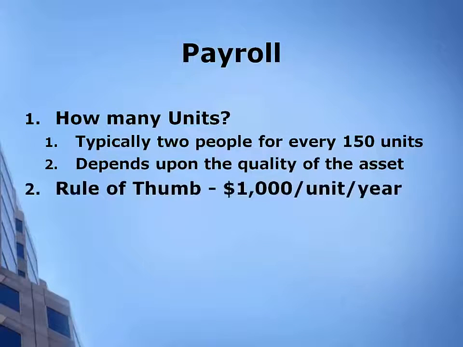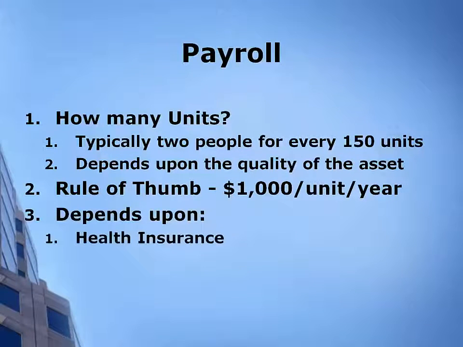Now, the rule of thumb for payroll has always been approximately $1,000 per unit per year is what the payroll expense should be. All right. But that depends upon a lot of things. Like, number one, health insurance. Folks, if you're listening to this video, Obamacare is about to rear its ugly head in full blown out fashion coming up next year.